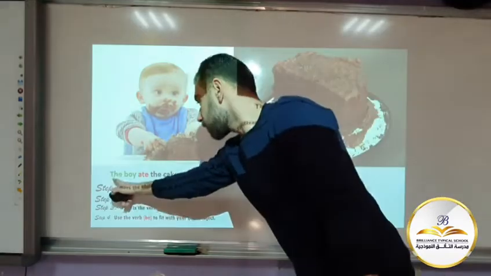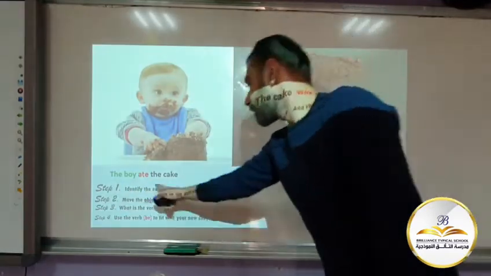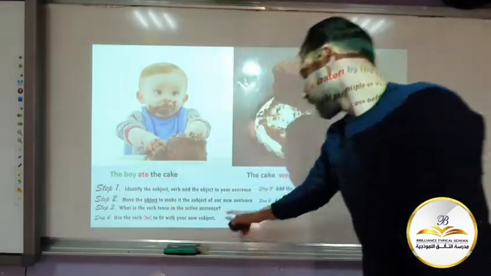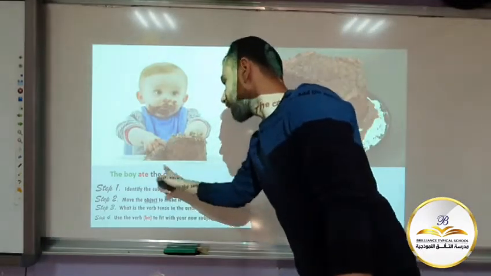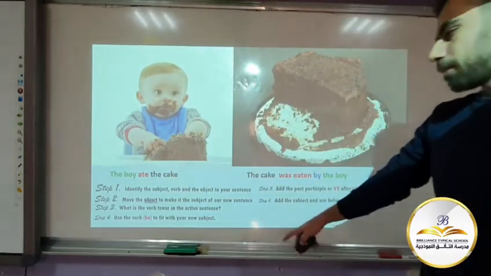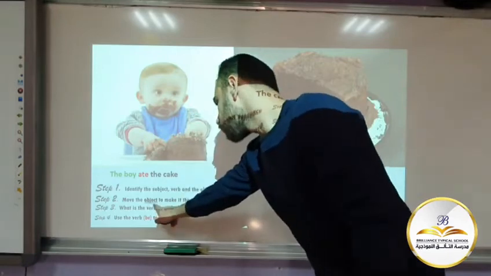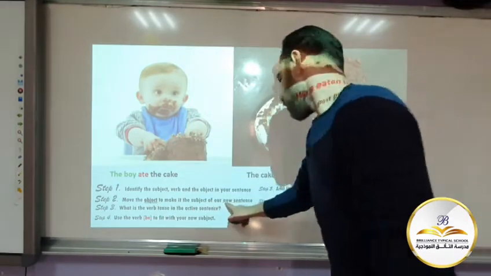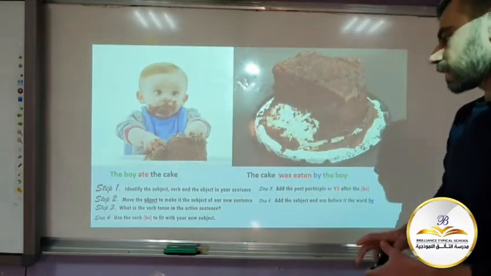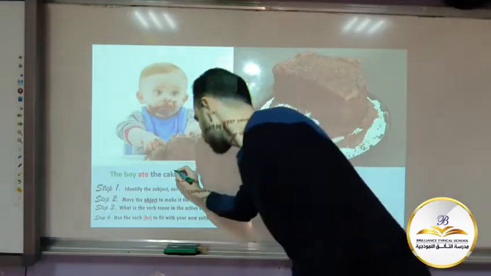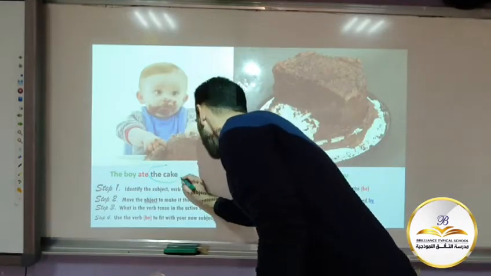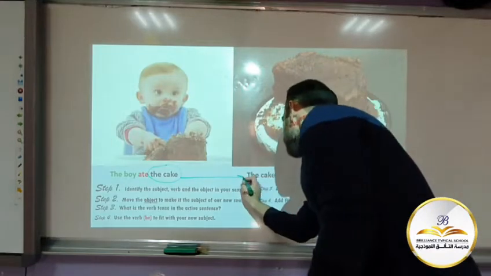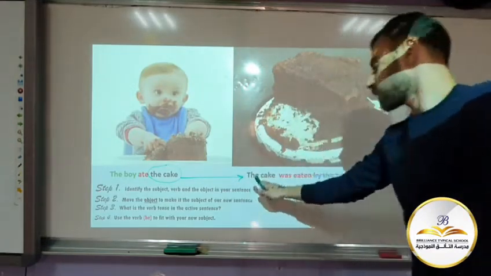This is the subject, the boy, and this is the verb, ate, and this is the object, the cake. The next step, move the object to make it the subject of our new sentence. I'm going to take this one, which is the object, and I'm going to make it the new subject here.